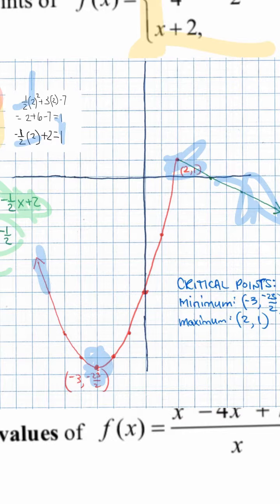So the two critical points for this function is the minimum located at -3, -23/2, and the maximum, the point where the two functions within the piecewise function meet at 2, 1.